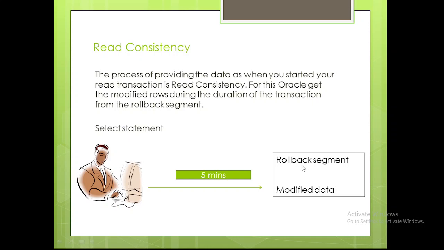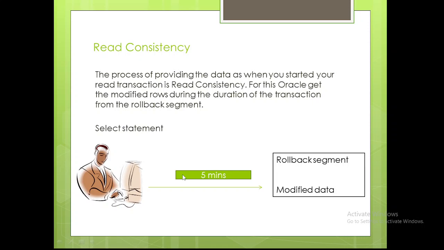In the rollback segment we have that modified data, and it stays here. The original data gets to the database if the transaction is committed, but the undo data which was there when the user started the transaction is stored here in the rollback segment.